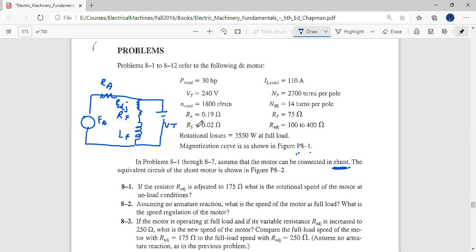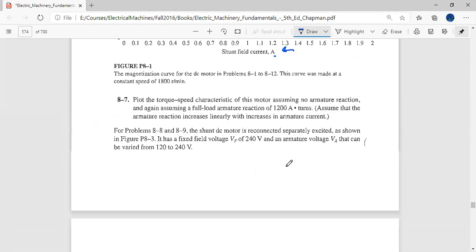Now you have some data. VT is 240 volts, and RA is 0.19 ohms, and you have the equivalent circuit of this motor shown in figure P8.2.